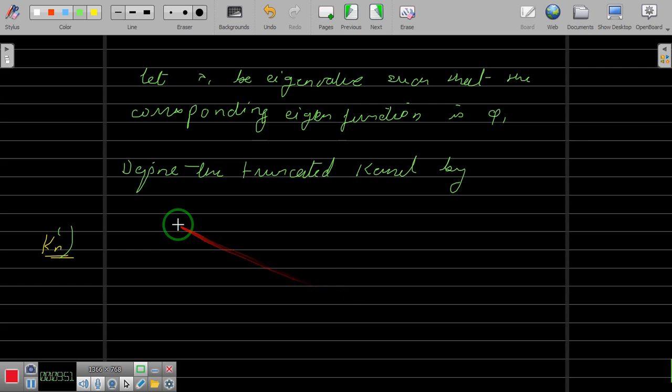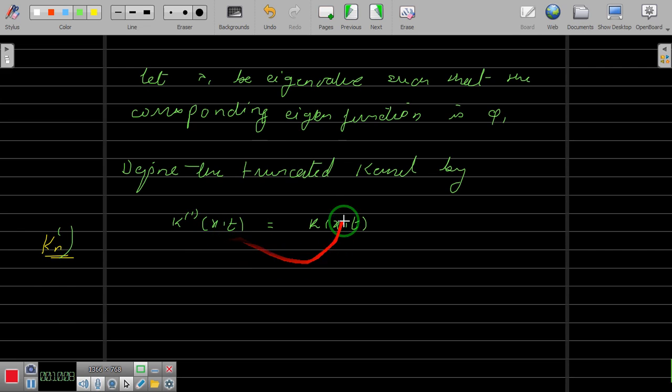So let us define k1 of x comma t equals k of x comma t. We already know what k is, so we know what k1 is.